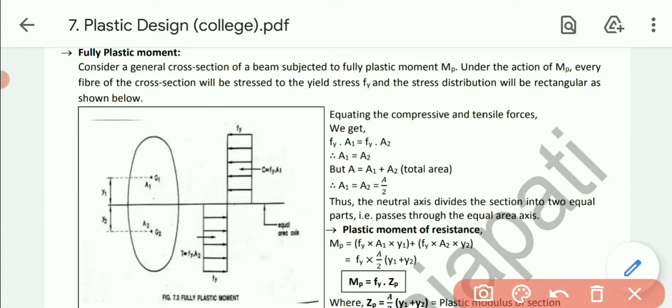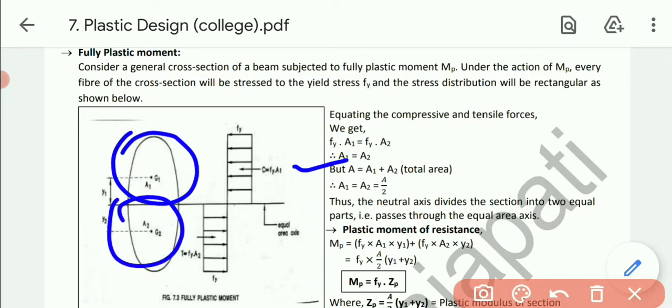Now equating the compressive and tensile forces, we get Fy into A1 equals Fy into A2, where Fy is our yield stress. Now A1 equals A2, as the upper area is equal to the bottom area. The whole area is A1 plus A2, so ultimately A1 equals A2 equals A by 2, as both areas are the same.